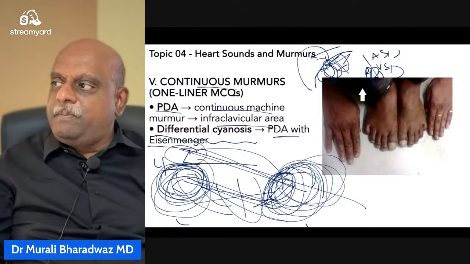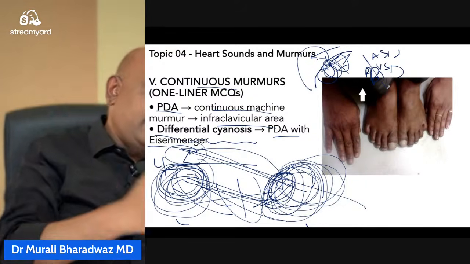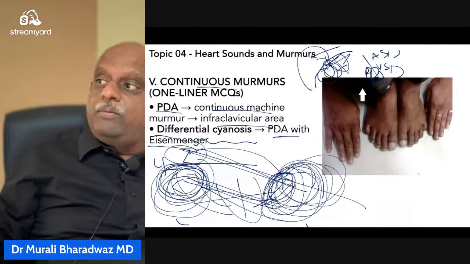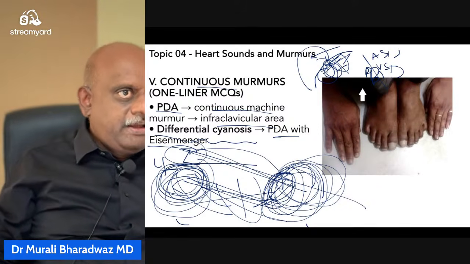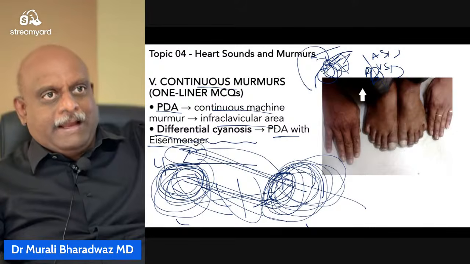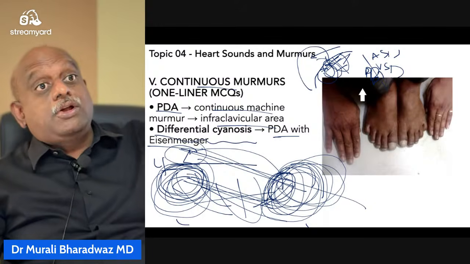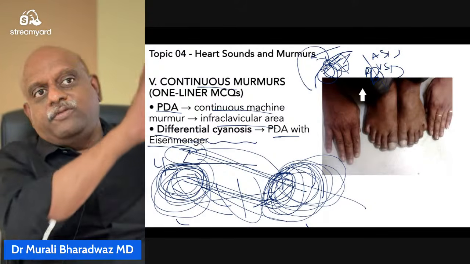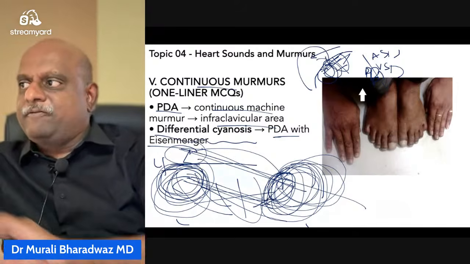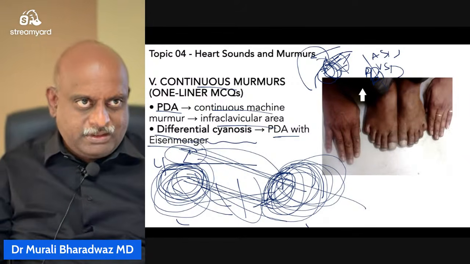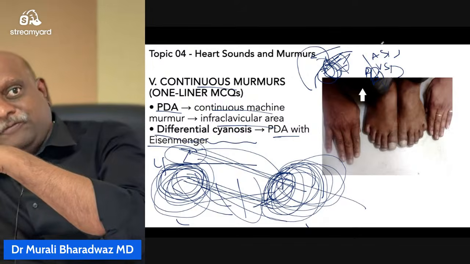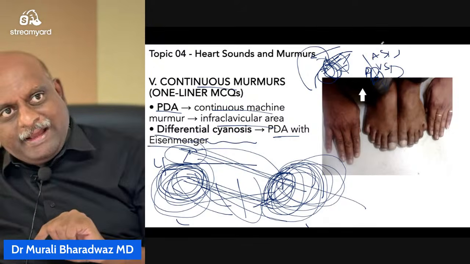Initially, ASD, VSD, PDA are all acyanotic. The moment that increased flow for a long period of time made pulmonary blood vessels develop hypertension, and the pressure on the right side increases, that will reverse the flow back from the right side into the left side across the ASD, VSD, PDA.